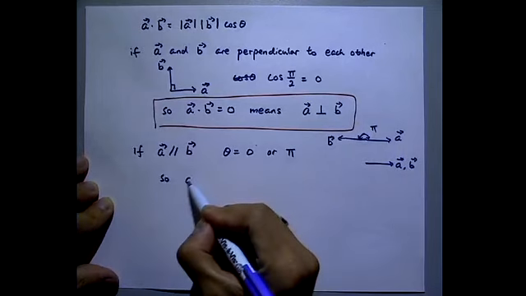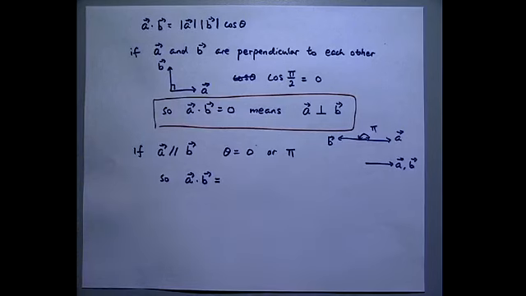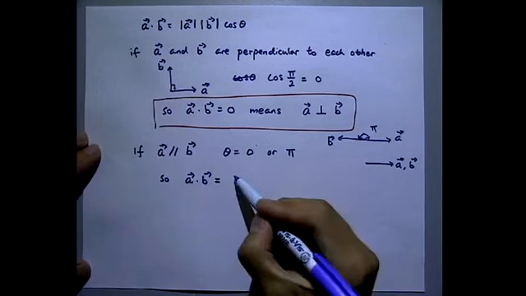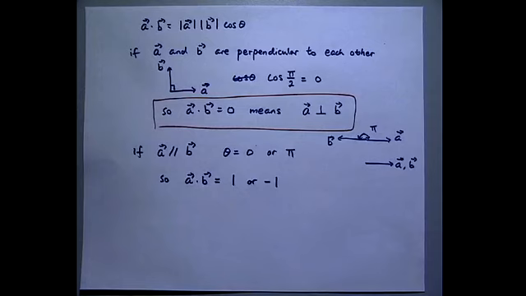And therefore, A dot B is equal to 1 or minus 1. Excellent. Cosine of 0 is 1. Cosine of pi is minus 1.